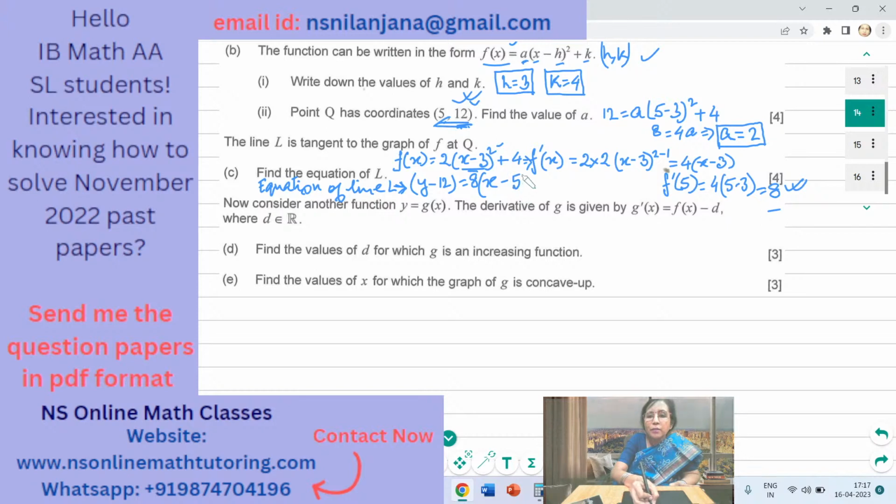You can use the equation y equals mx plus c, m will be equal to 8 and then you have to find the value of c. I have shown that many times in my previous solving of past papers. I have shown how to get the equation of the tangent line or the normal line in both ways. Over here, I am showing it in one of the ways, that is y minus y1 equal to m times x minus x1.